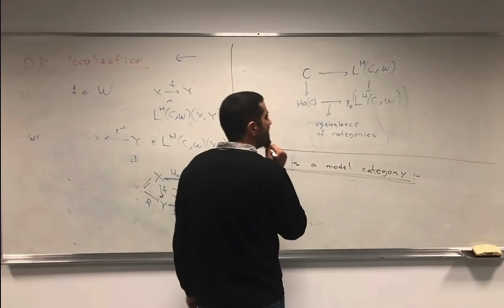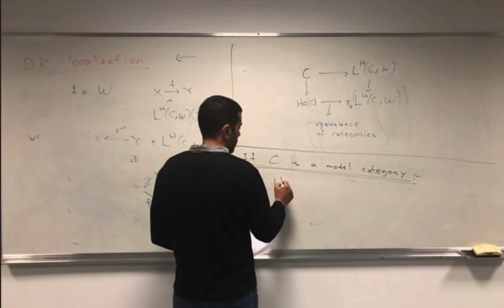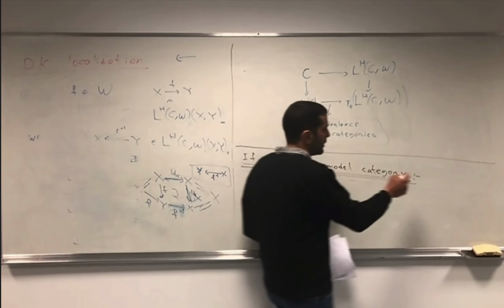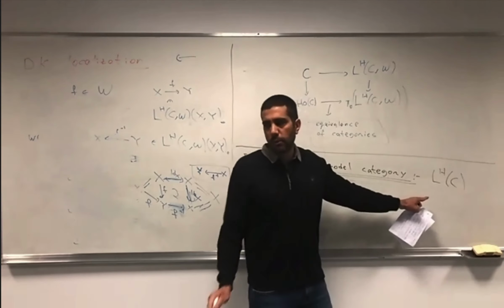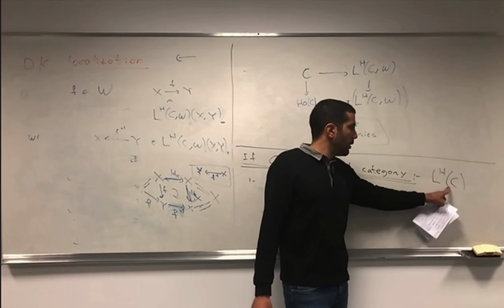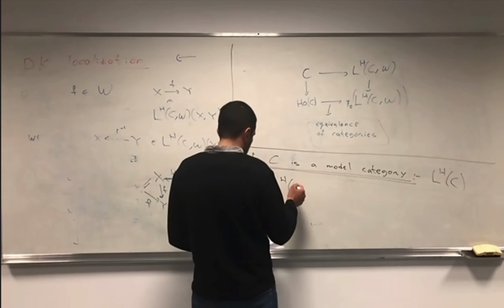In a model category, I will use this notation, because we know what the equivalences of the model category are. I will not emphasize the W because it's known what we mean by W.